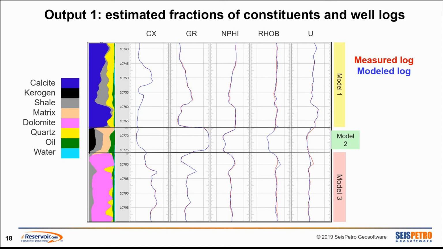And this matrix is basically a combination of quartz and dolomite. The reason why we did that was to be able to estimate the kerogen present in that rock with the amount of logs that we were provided. On the left, we see the composition of the different minerals for the different intervals, which is also an output of the algorithm.